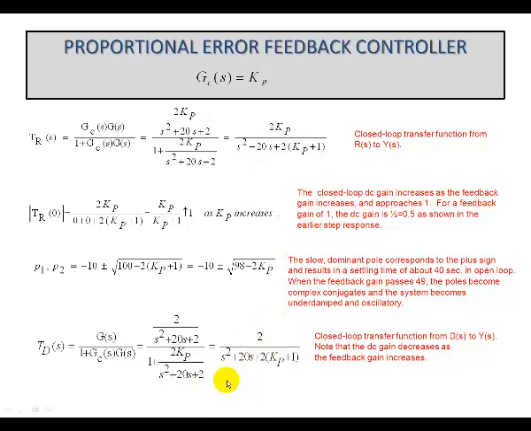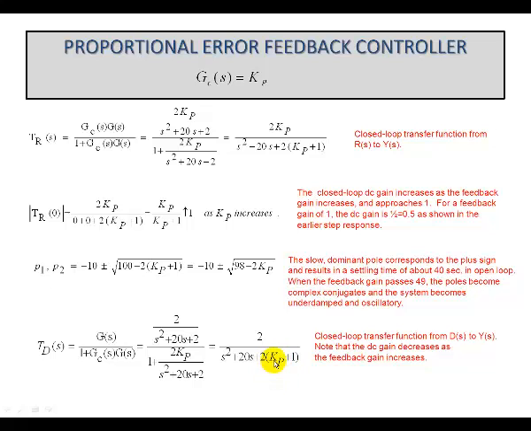Now, let's take a look at the DC gain for this transfer function from disturbance to output. If you substitute 0 for s, 0 here, a 0 here, so we will have, canceling the 2's, 1 over Kp plus 1. So if Kp is, let's say, 1, a unit step disturbance will be multiplied by 1 over 2. So it will be reduced by 50%.